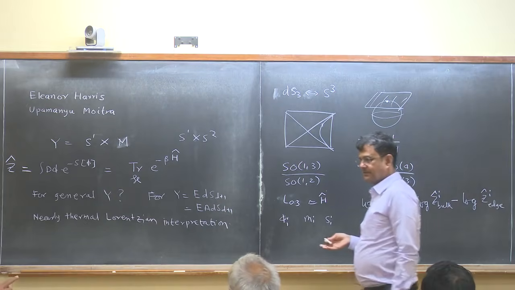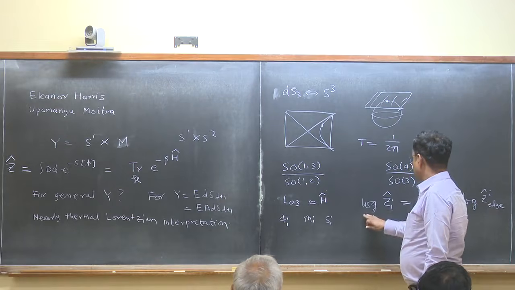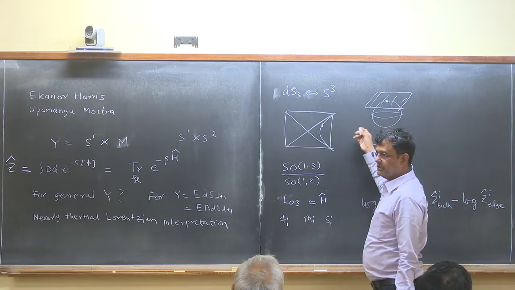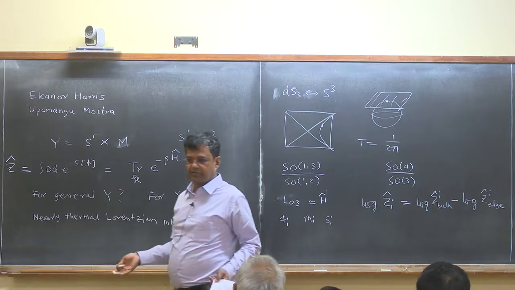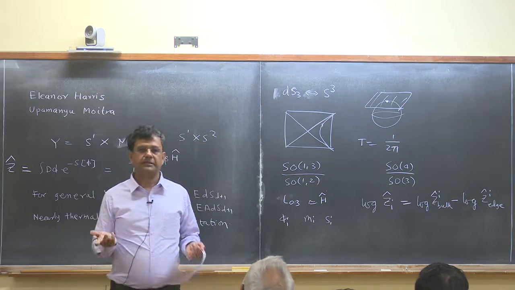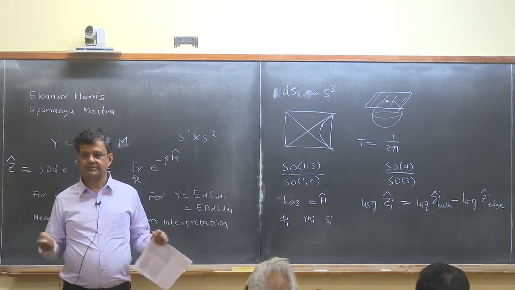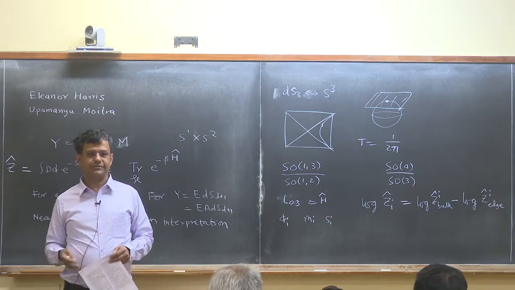So this Z hat now is a partition function on the... So yeah, let me explain all the terms. So this is just a partition function. For example, if you take a scalar field on an S3, you can just sit down and calculate. It's not complicated, right? Because the Laplacian on S3, you can express everything in terms of Y_lm, and you know the eigenvalues and you know the multiplicities.